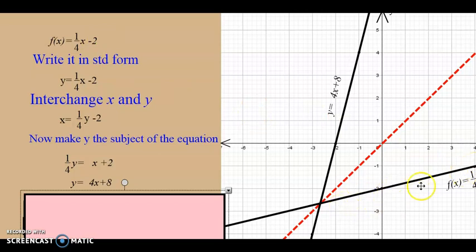I plot and I connect the two dots. And I will see if I go to any point on the graph, 1, 2, 90-degree turn, 1, 2. So immediately I can see that I've plotted correctly. Any given point, 1, 2, 3, 4, 5, 1, 2, 3, 4, 5. So then I know that my answer is correct.